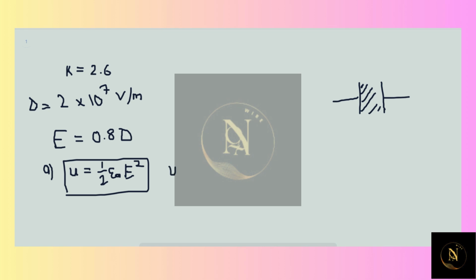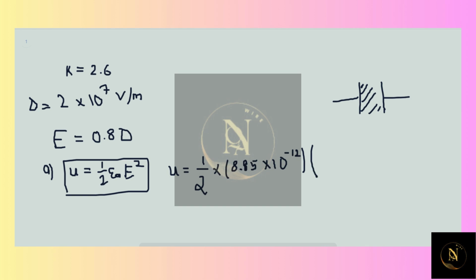So if I substitute the values, I have half times the value of epsilon naught, which is 8.85 times 10 raised to negative 12.